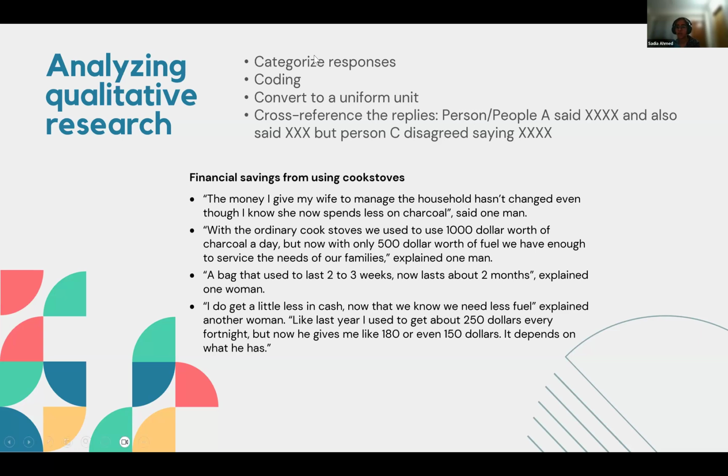Now I would like you to look at the research excerpt for time savings. I'll show it also in the next slide so that you can take a look at it and say, what do you think of it?